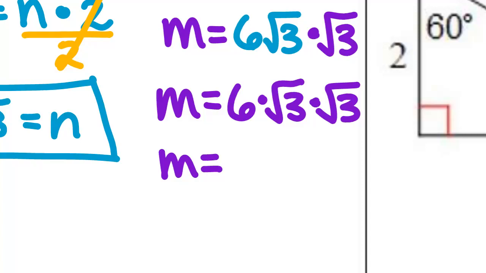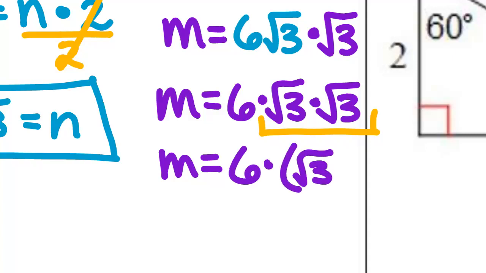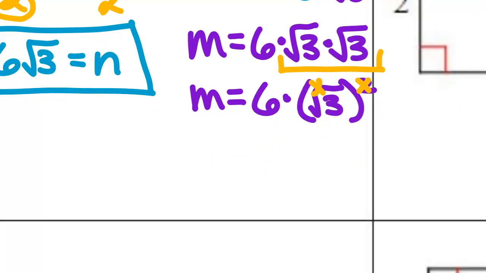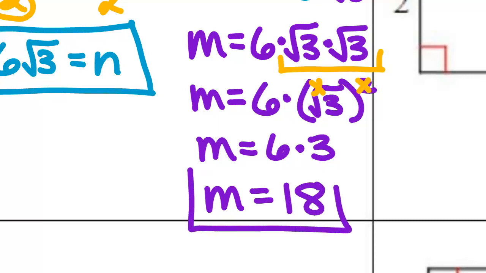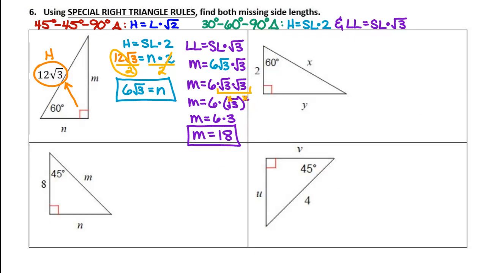Notice I got two things that are the same times by itself. That is something squared. So this is 6 times the square root of 3 squared. Squared and square root are canceling each other out. So I have 6 times 3. And 6 times 3 is 18. So the long leg is 18.